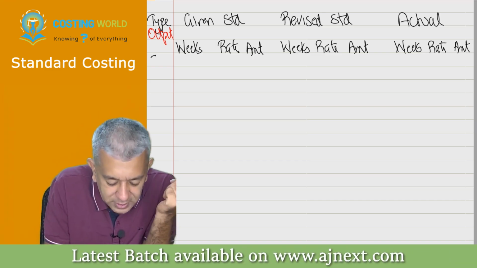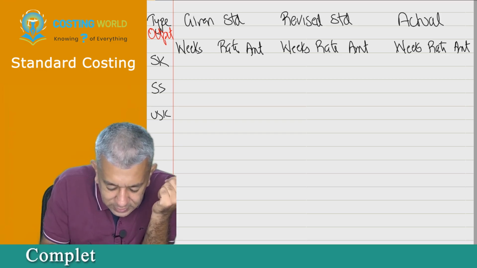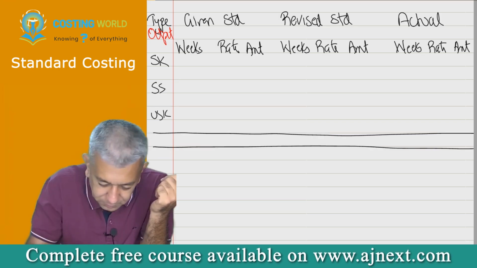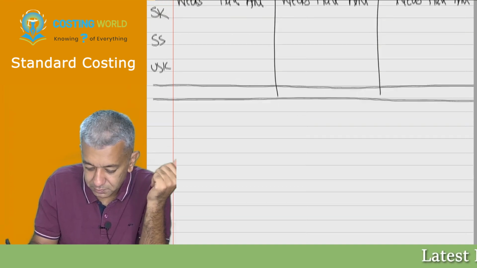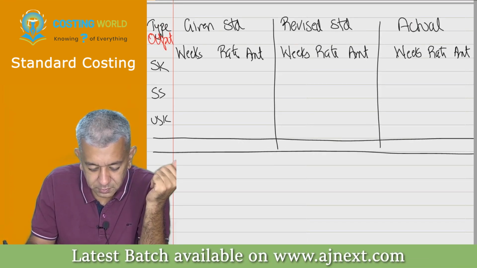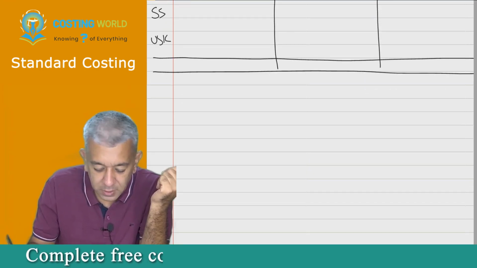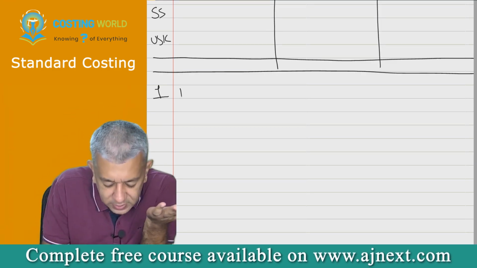Now, just do one thing. Skilled, leave one line. Semi-skilled, leave one line. Unskilled, leave one line.